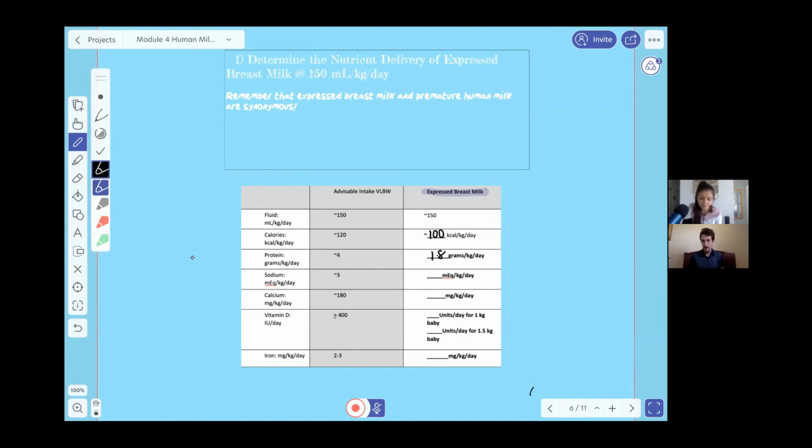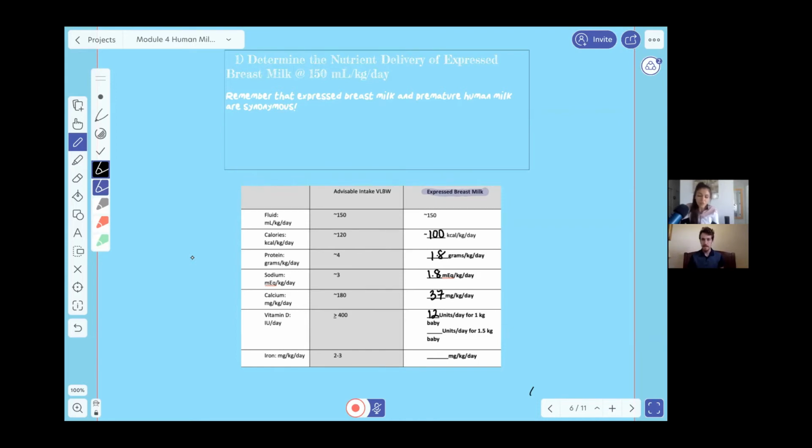So it's 1.8 milliequivalents per kilogram per day. Then we have our calcium. That will give us 37 milligrams per kilogram per day. And next, vitamin D. We have our vitamin D in units per kilogram per day. So we have 12.